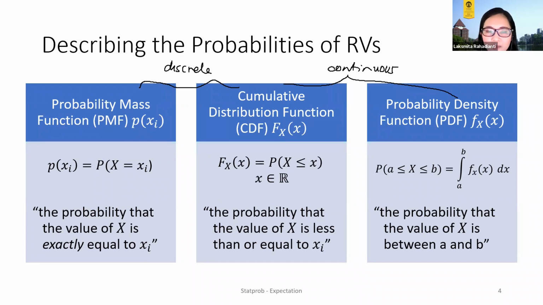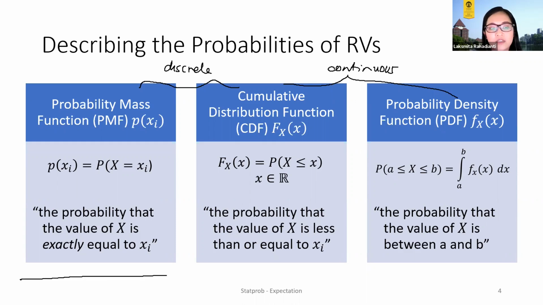Continuous. Did I spell it right? Yes. So if you are given a PDF of a random variable, you already know for sure that it cannot be discrete. And the same goes if you are given the PMF of a random variable, you also know that it cannot be continuous. These three functions tell us the probability of your random variable having a certain value, but they tell us different things.